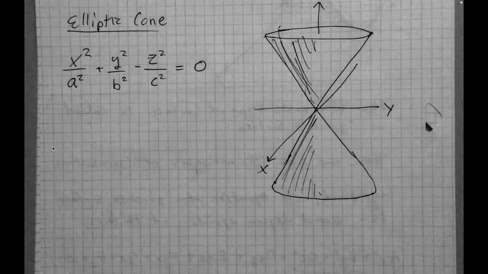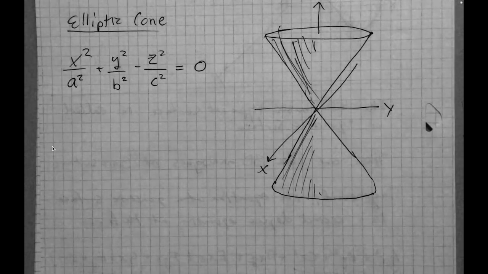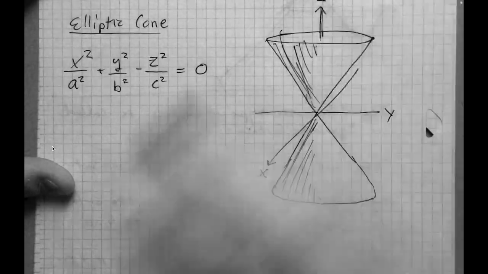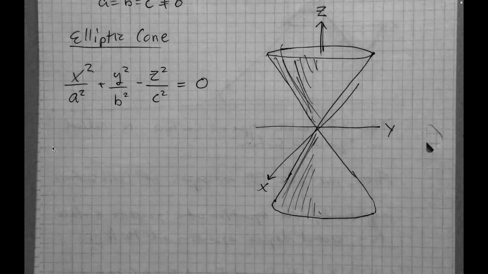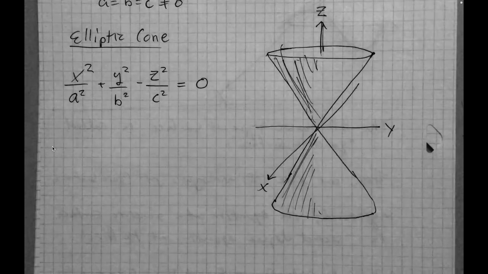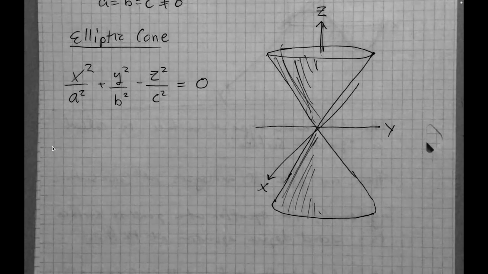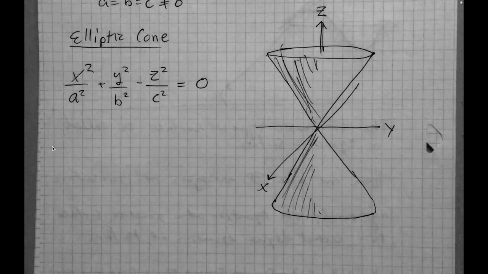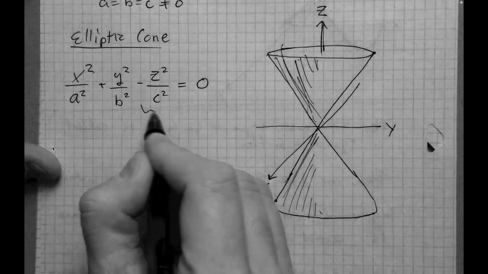Now, something important to note here is that the axis of symmetry, this z-axis in this case, I think it's just mostly referred to as the axis of the cone. It's not the axis of symmetry necessarily, although there is symmetry here. The axis is going to correspond to the variable whose coefficient is negative. So here you see the negative is here.